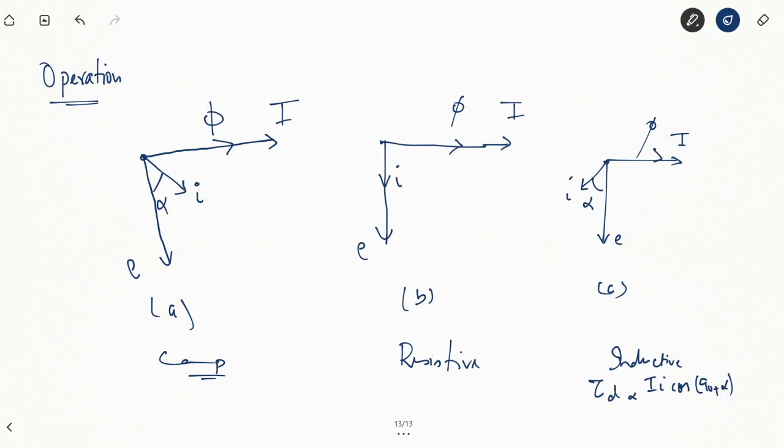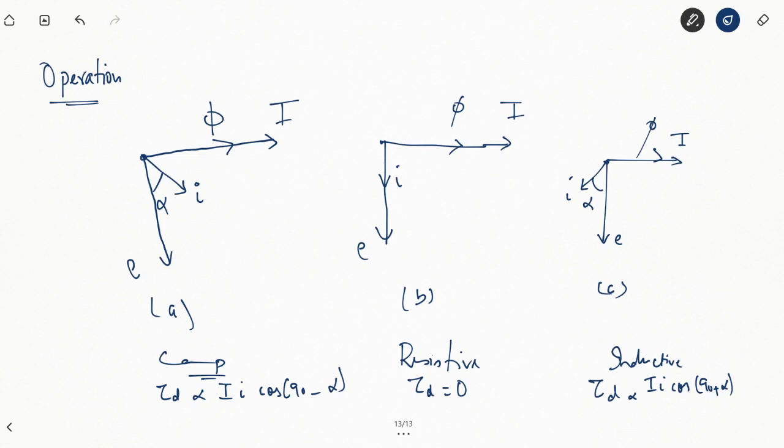In the second case, it will be proportional to the main current flowing through the magnetizing coil, proportional to the current flowing through the moving coil, and proportional to cos of 90 minus alpha, where alpha is the angle between E and i. And in this case, it will be simply cos of 90. Cos of 90 is 0. So in this case, the deflecting torque will simply be equal to 0.